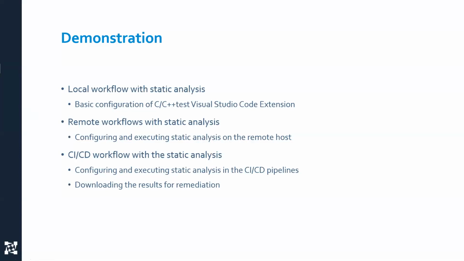I will walk you through the selected features of the extension. In the second part, we will see how our extension flies in the remote development setups. And finally, we will go through the simple example of the CI/CD workflows where the results of the automated static analysis scans are downloaded to the Visual Studio Code at the developer's desktops.